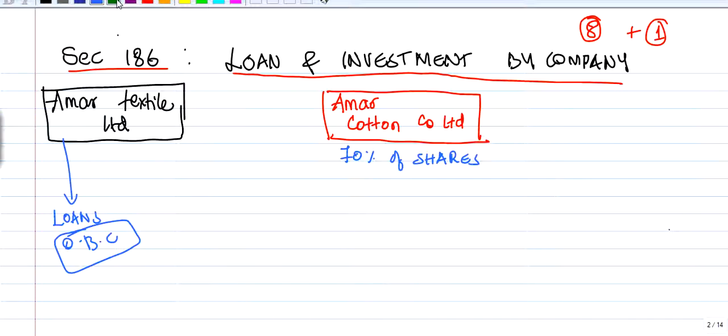So how much does it exceed? Here are the investments, and this is loans.